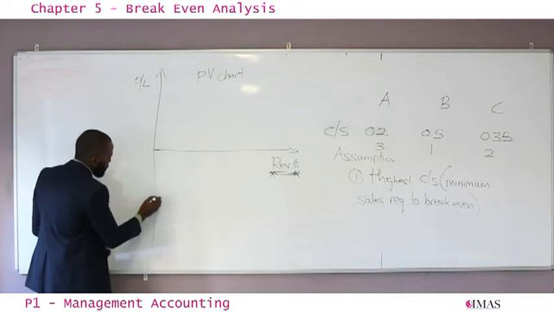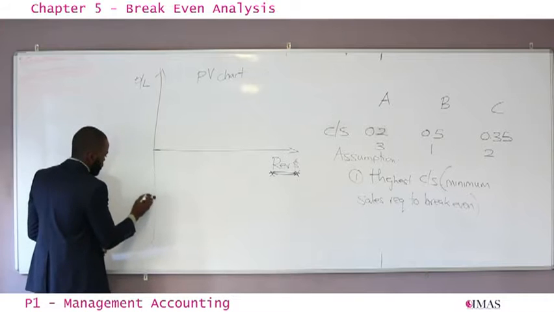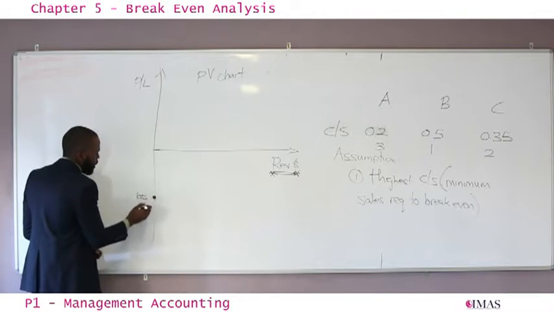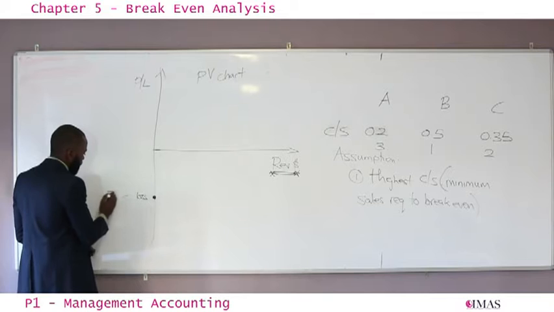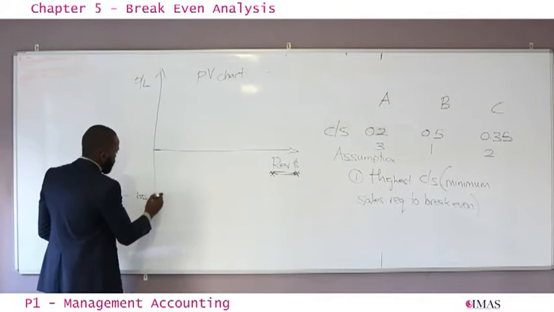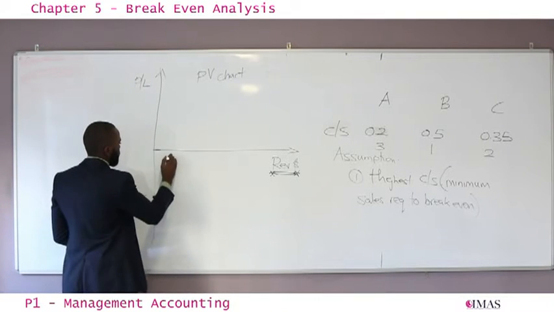So obviously our graph always starts with a negative. The negative here will always be a loss, and the loss will be equal to the fixed cost. So how is our graph going to look?